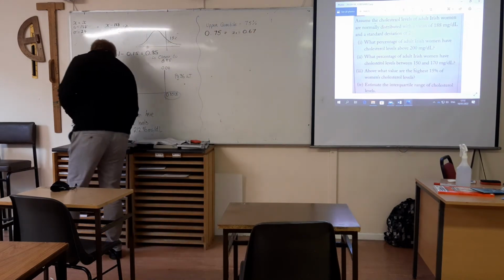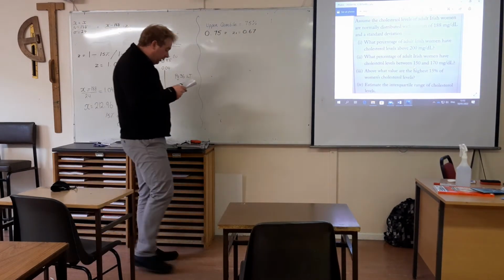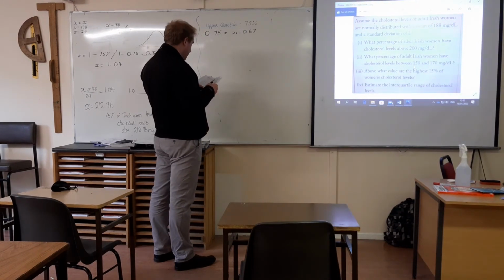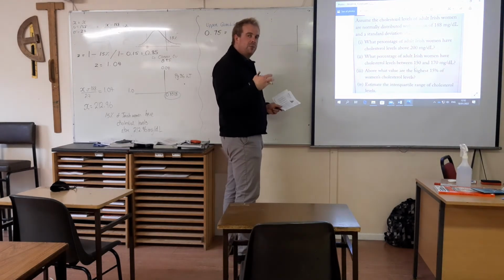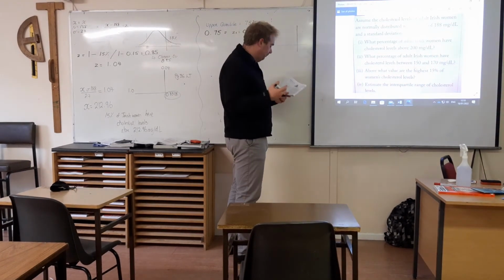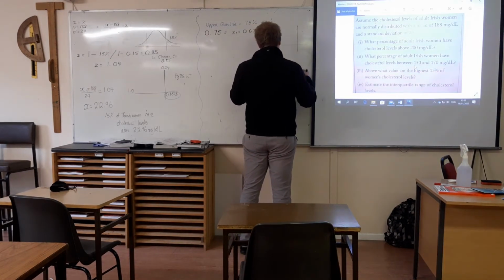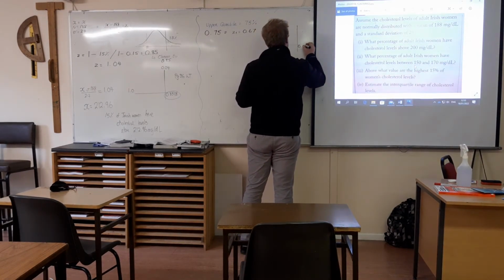So I go to my page 36. I'm looking for the number that's closest to 0.75, which for me is here. So we're looking for 0.67 from that. The number on the z table that's closest to 0.75, and you should make note of this with a highlighter on your page 36 because you will be asked for the upper and lower quartile range a lot, is 0.7486.